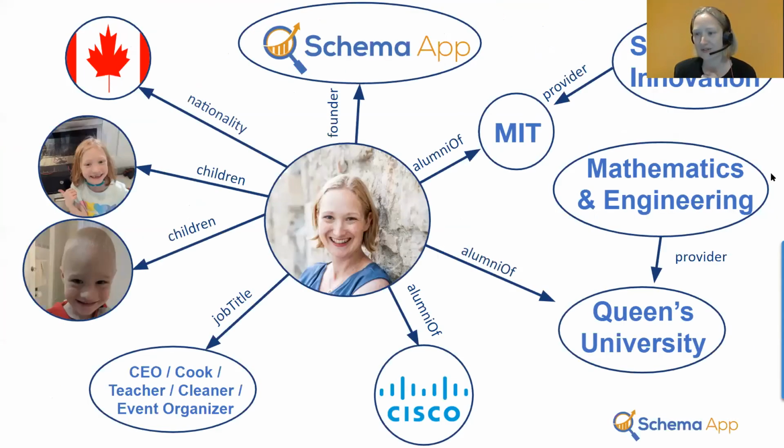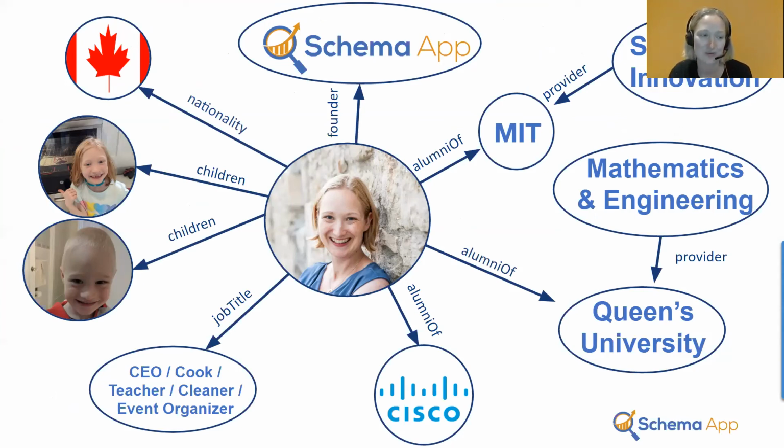So I always introduce myself with a knowledge graph. And those of you that know me, I've actually updated it for today. So, you guys get to meet my kids for the first time. But I grew up actually at Cisco. So I spent 14 years at Cisco. And I have a technical background. So a couple of you, through introductions, we're talking a lot about, let's get nerdy. I'm all up for that. So I have a background in mathematics and engineering. I got to go to MIT. I'm one of the founders of Schema App. I am Canadian.